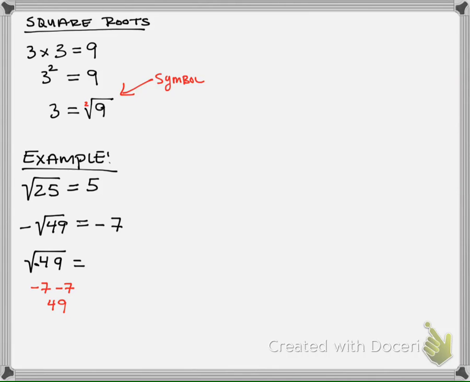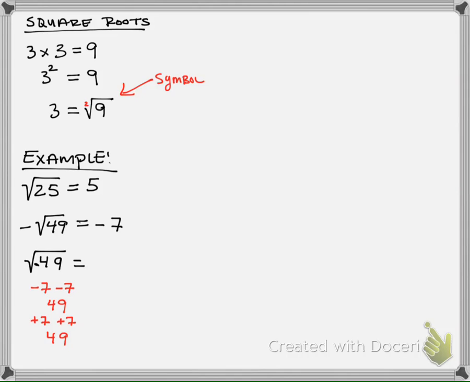And, of course, a positive 7 and a positive 7 would give us a positive 49. So in this case, no number times itself would give me a negative 49.